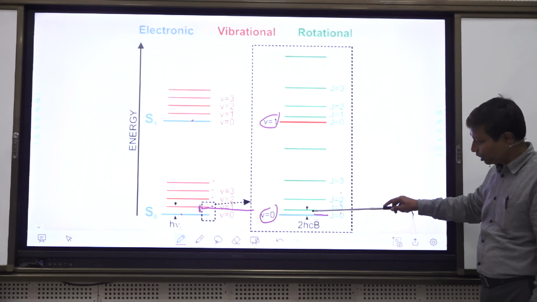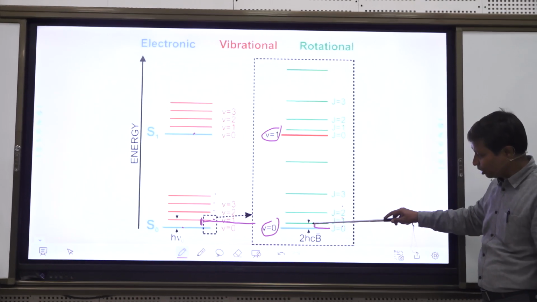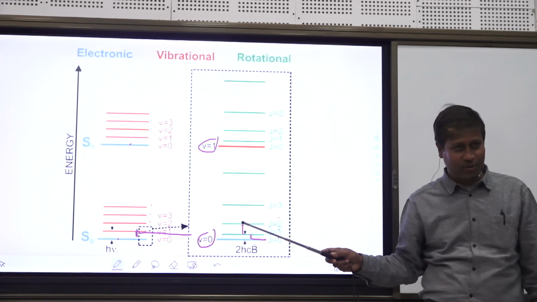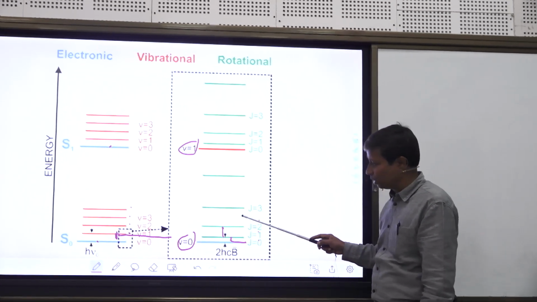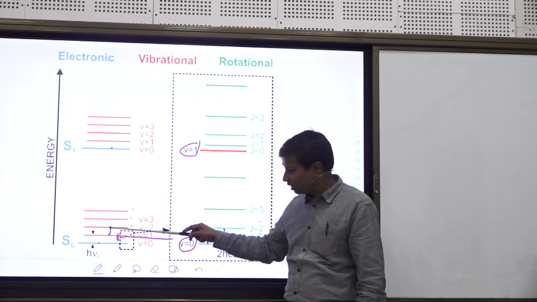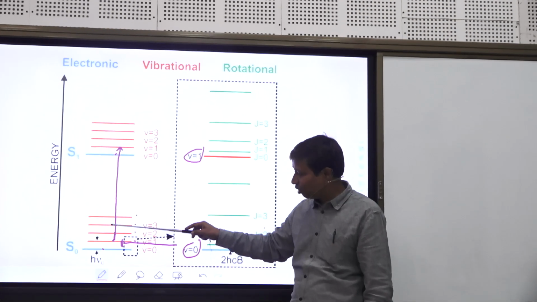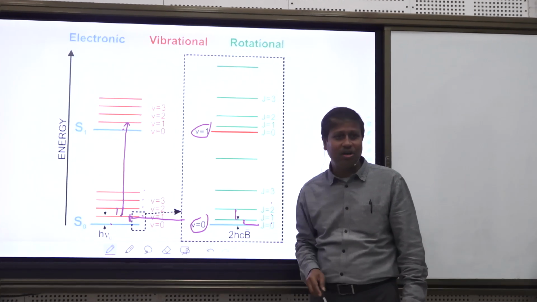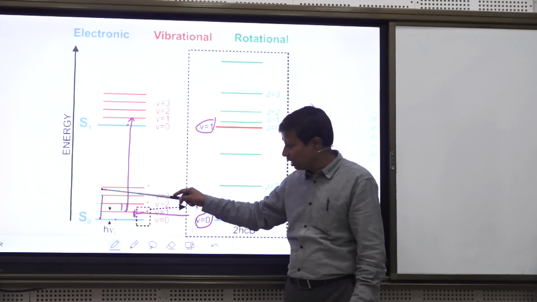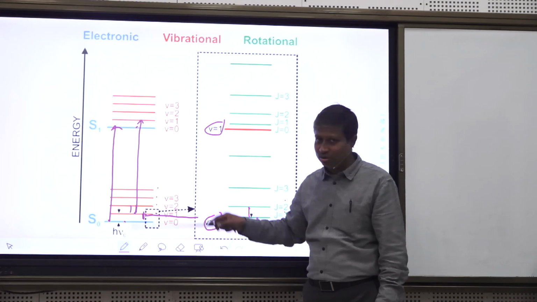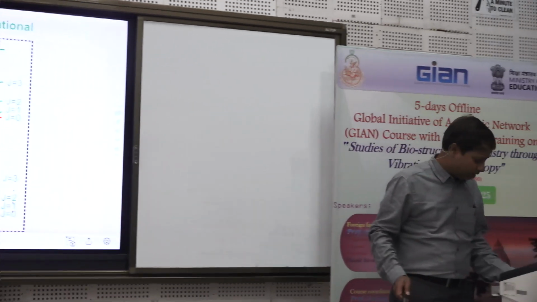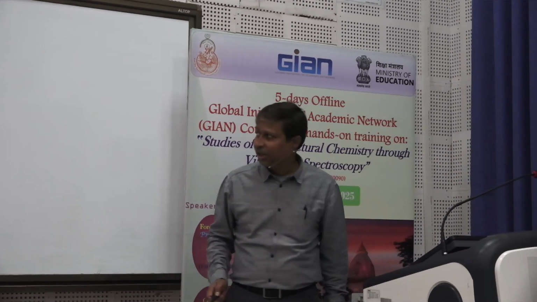When you discuss the transition among the rotational energy levels, this is called rotational spectroscopy or microwave spectroscopy. When we discuss the transition between the vibrational energy levels, this is called vibrational spectroscopy. When we talk about the transition between the two electronic states, it is called electronic spectroscopy. So, today we are discussing vibrational spectroscopy.